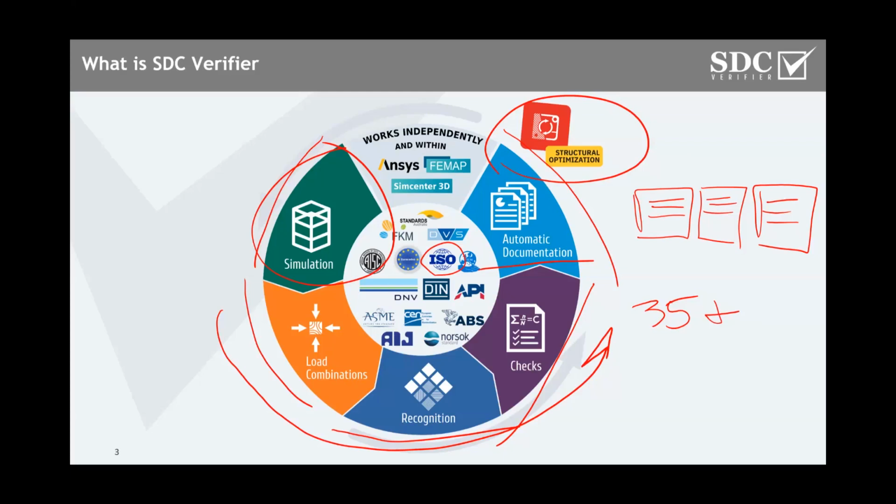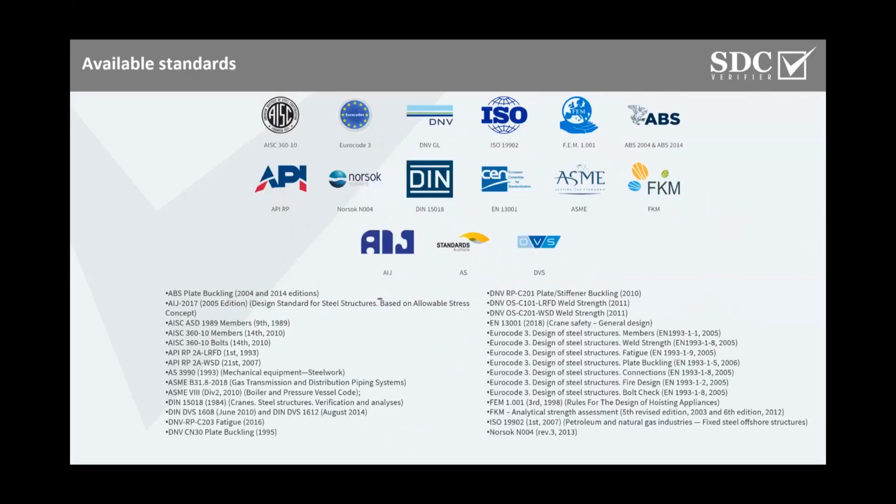Now let's go to, well, a couple more slides, and then to the interface and what I was planning to show to you today. So first of all, checks. Multiple checks, as I mentioned, are available in the library of SDC Verifier, but it's not limited. You might see some of the standards we have in the library so far. It's not all of them, because they probably didn't fit on this slide.